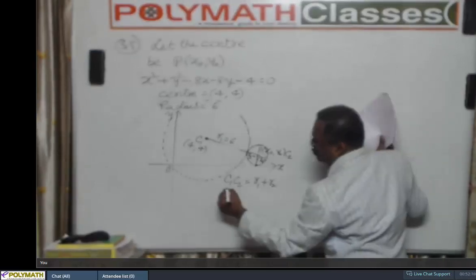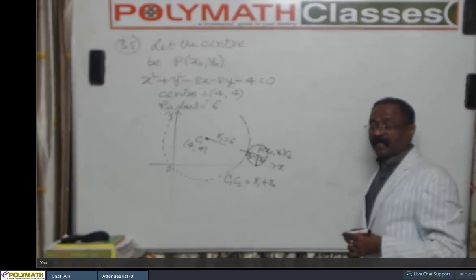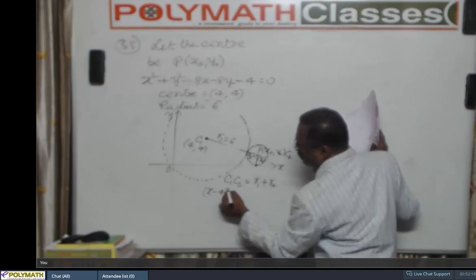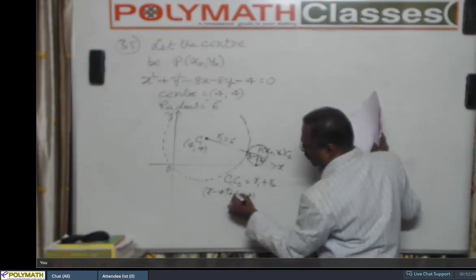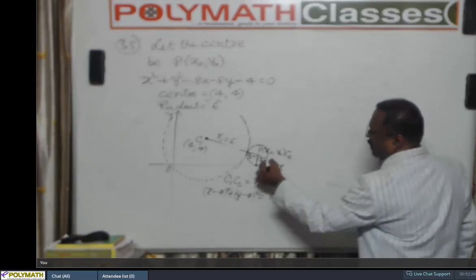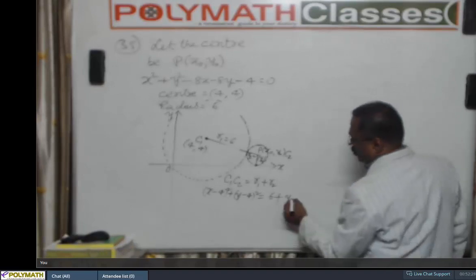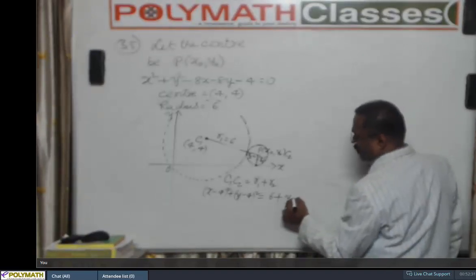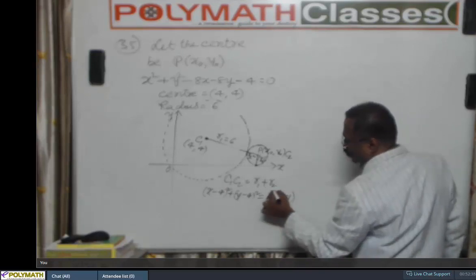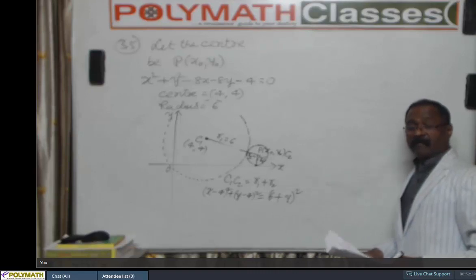I'm generalizing (x₀, y₀) as (x, y). Then you'll get (x − 4)² + (y − 4)² = 6 + |y|, I'm converting this also as y. Now, because a square root is there, you have to square this side. After simplification, this is the final equation.